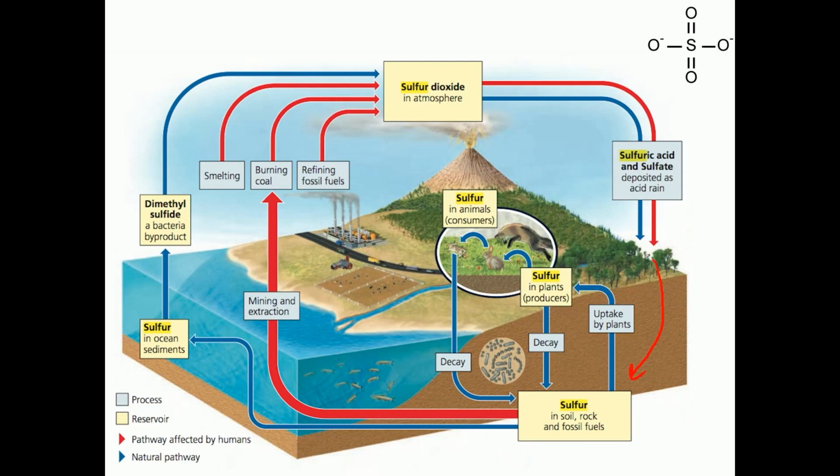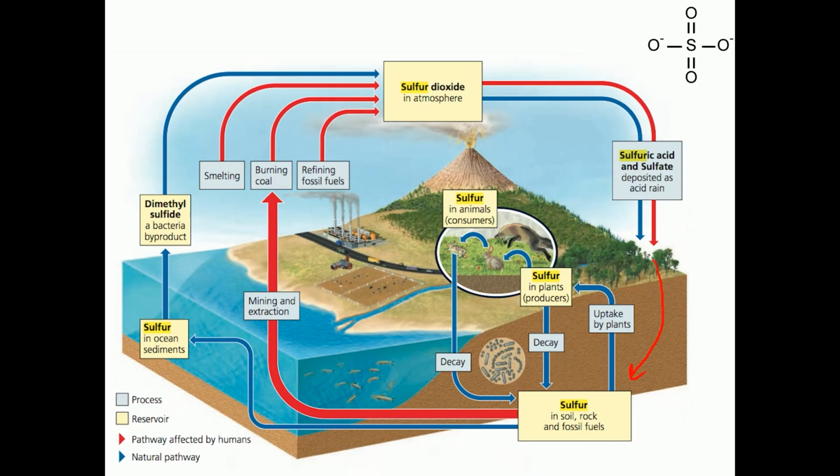Now on this chart it has some red arrows as well, and the red arrows are human activities. A lot of the sulfur in the atmosphere is actually as a result of human activities, not as a result of natural processes. So burning coal actually adds a lot of sulfur dioxide into the atmosphere, as well as the process of refining fossil fuels like converting crude oil into gasoline and other petroleum products.